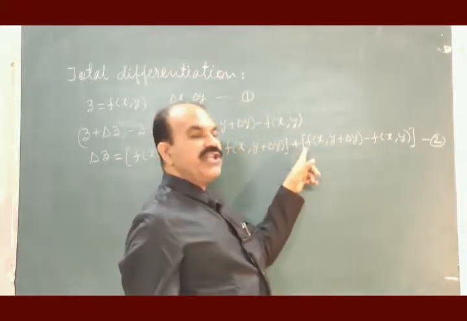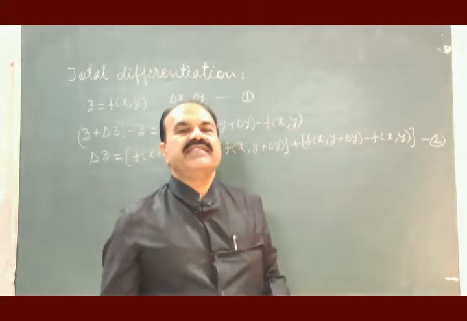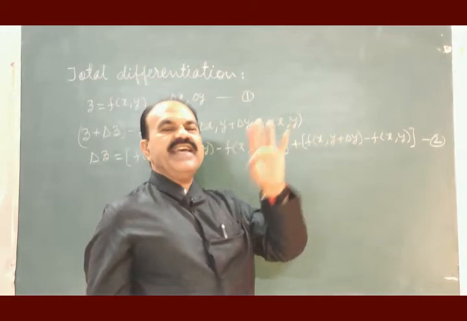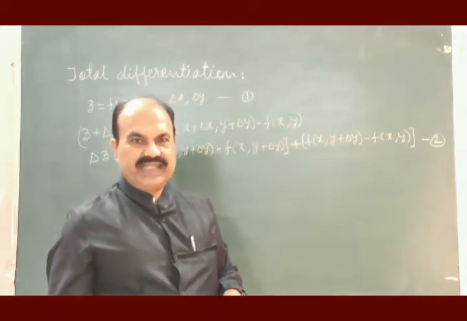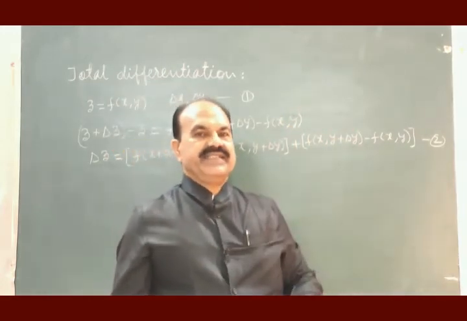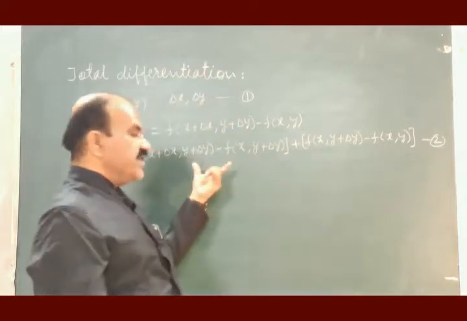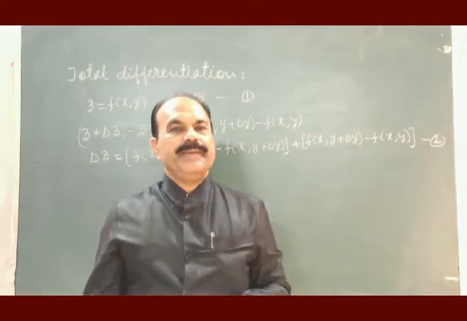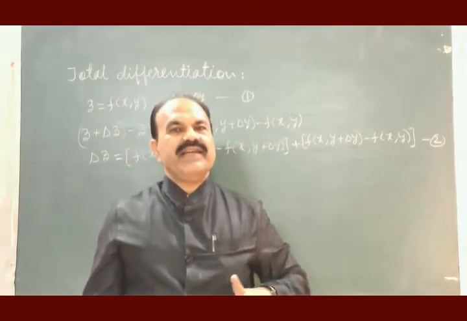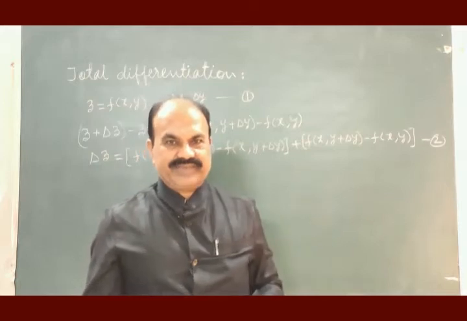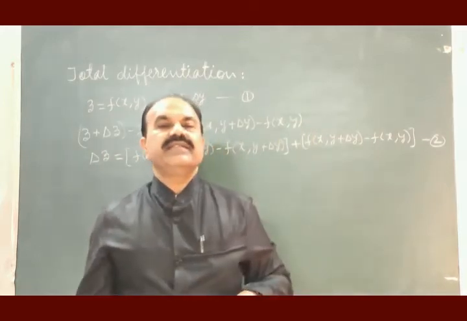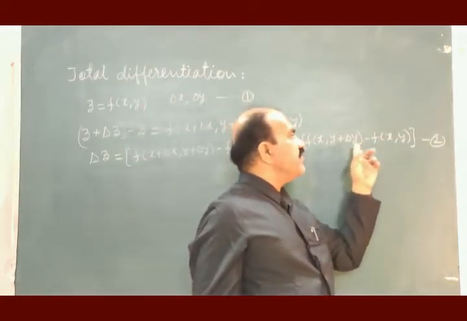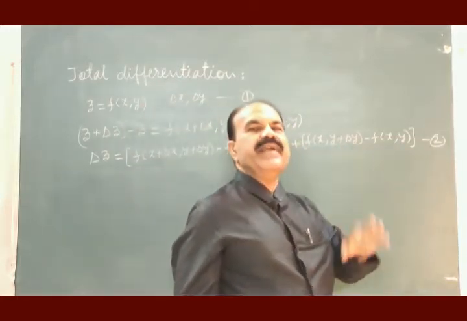It means that the function f in the second square bracket is acting as function of y only because x is constant. In the first square bracket function f is function of x only because y is remaining constant, y plus delta y. In the second square bracket, the function f is acting only as function of y, x is remaining constant.